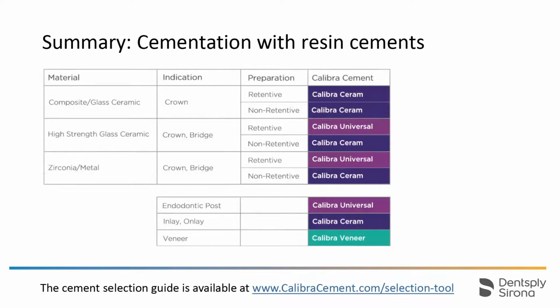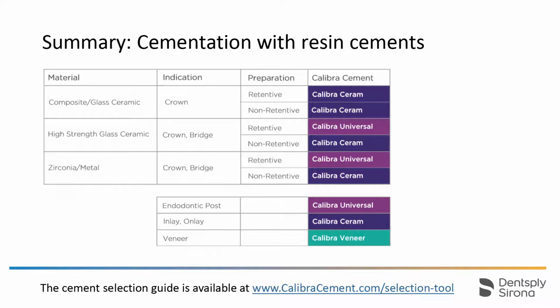Single, all-ceramic crowns are typically placed with Prime and Bond Active and Calibra Ceram because they are made from lower strength materials. In the case of highly resistant all-ceramic crowns, or FPDs made of Celtra Duo or Celtra Press, as well as zirconia or metal alloys, the choice of cement depends on the preparation shape.